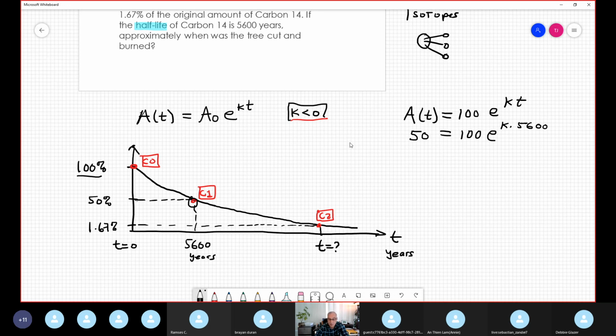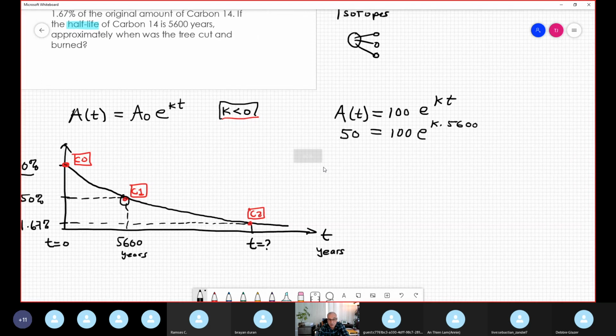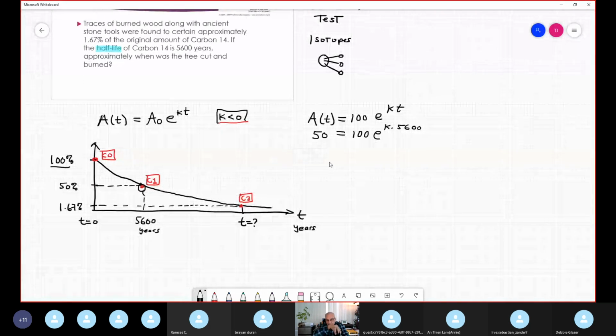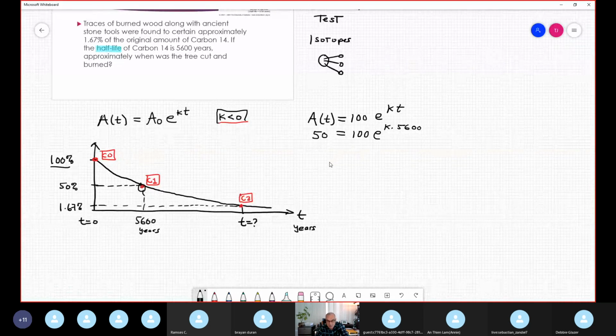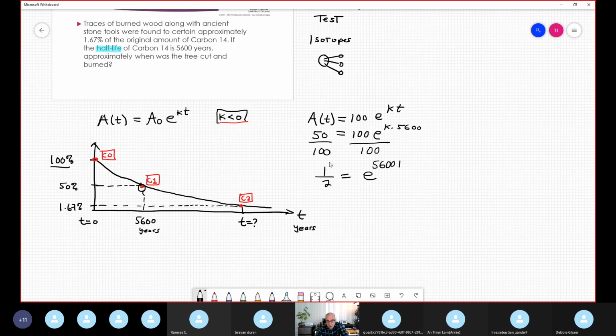We have in this moment, one more time, an exponential equation, and the only unknown is K. Okay, let's do it. You divide by 100 both sides. So we get 50 divided by 100, 1/2. And we have on the right-hand side e to the 5,600 exponent K.